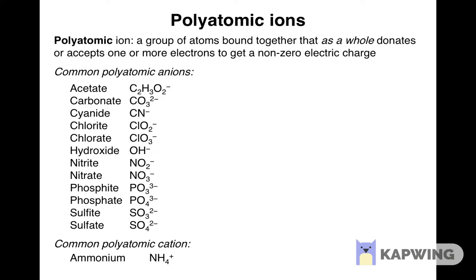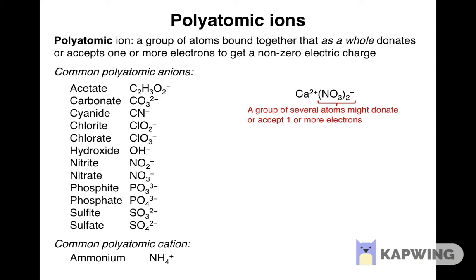When writing the empirical formula of a compound that contains a polyatomic ion, the requirement that the compound as a whole must be electrically neutral still holds. Consider the example of a compound that consists of calcium cations and nitrate anions. Calcium is an alkaline earth metal, and when it forms an ion, it always donates both of its valence electrons, so the charge of the resulting cation is always 2+. The charge of a nitrate anion, NO3-, is 1-.